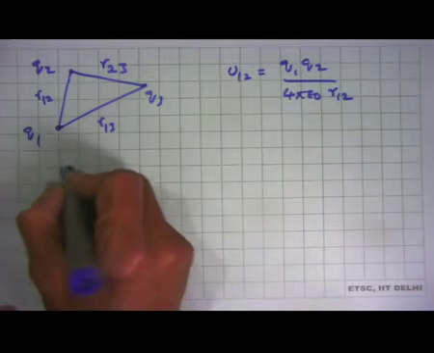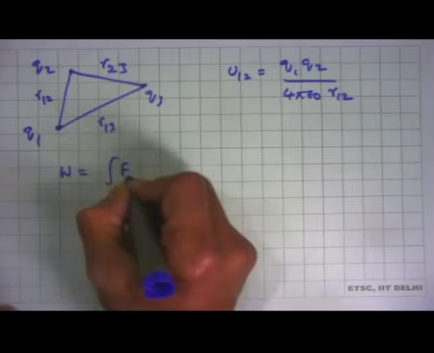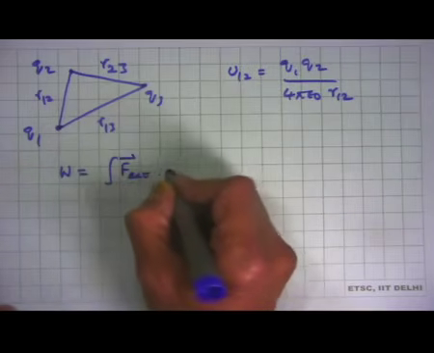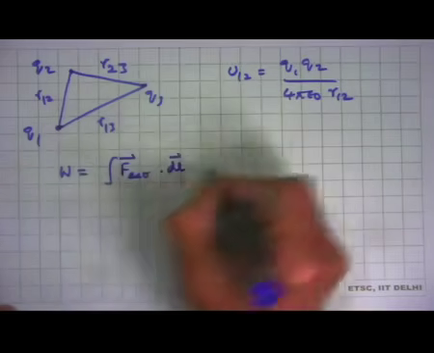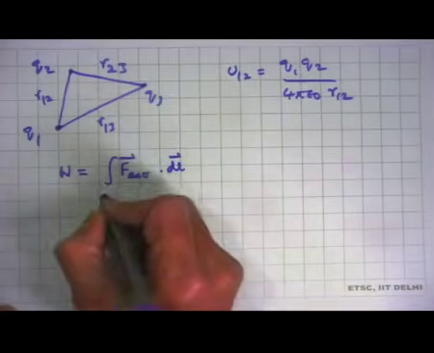So, W will be the integral of F external dot dl, from infinity to this point.